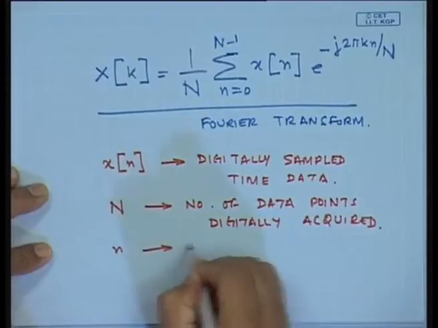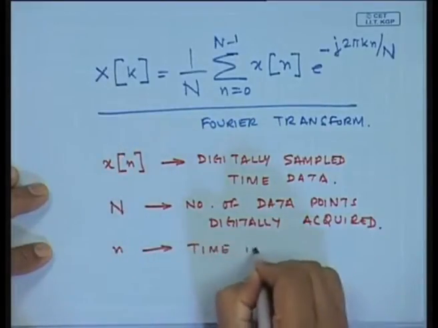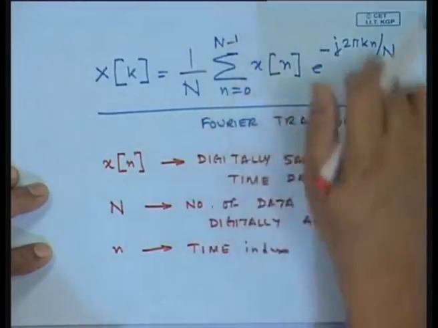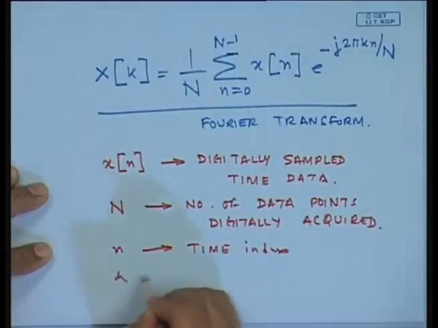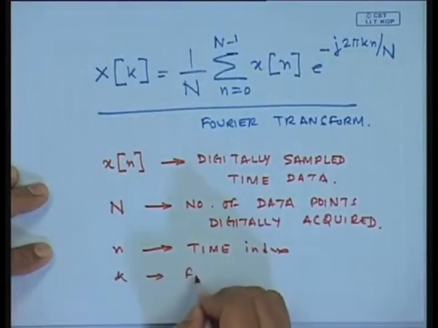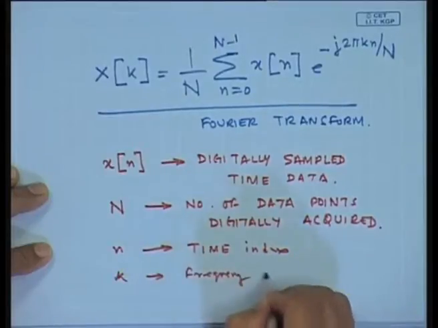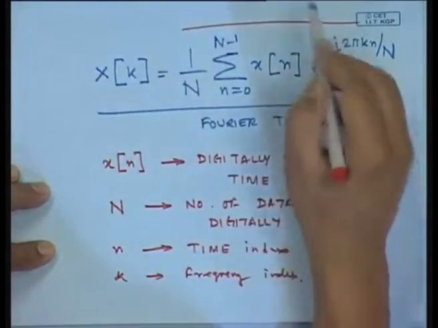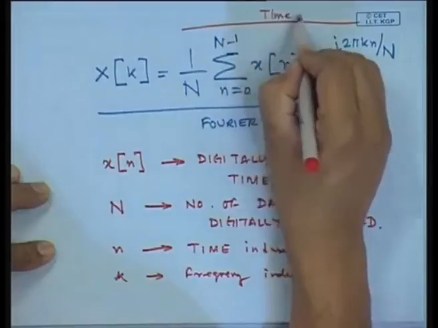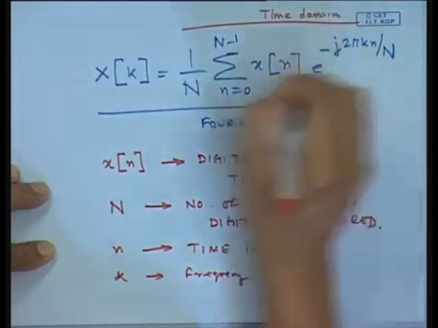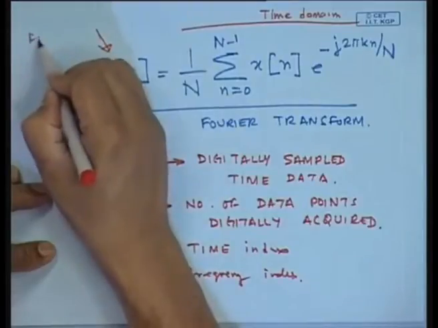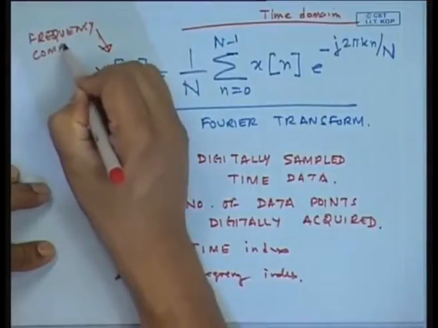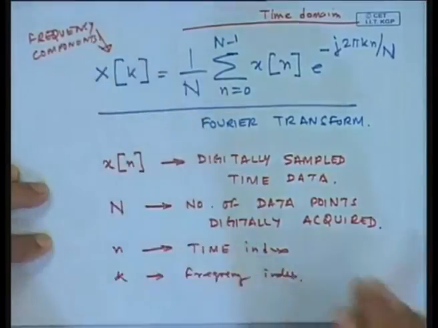Small n is the time index, which goes from n equal to 0 to N minus 1. So, it covers all the N data points, and similarly small k is a frequency index. So, this is in the time domain and this is the frequency components. Okay.